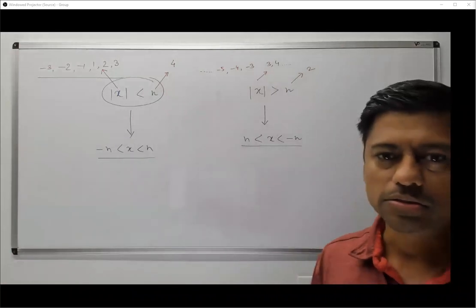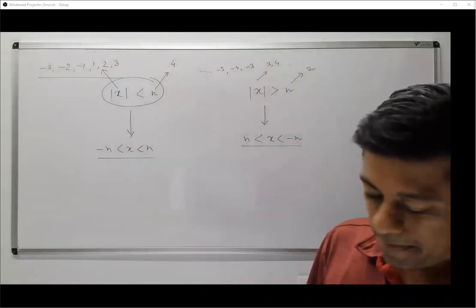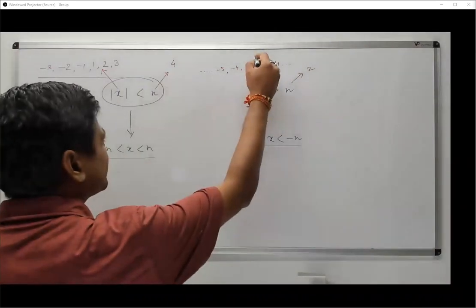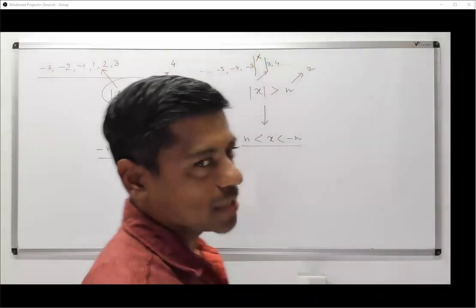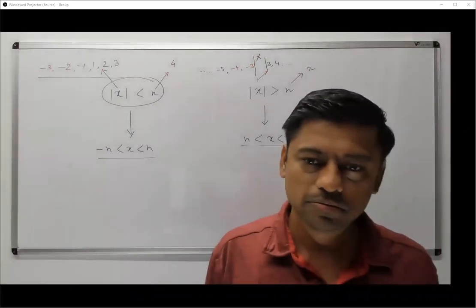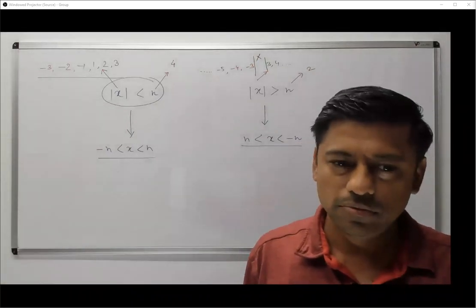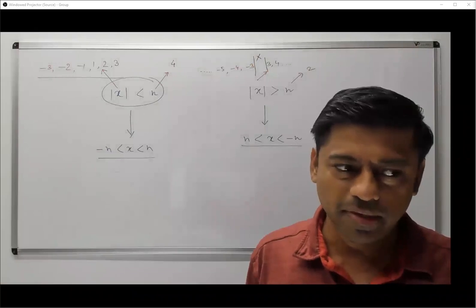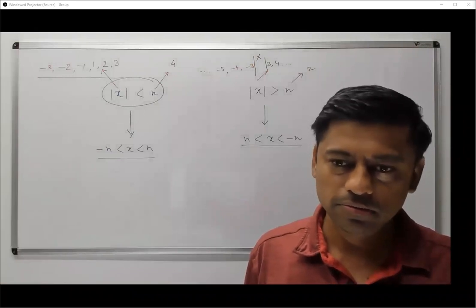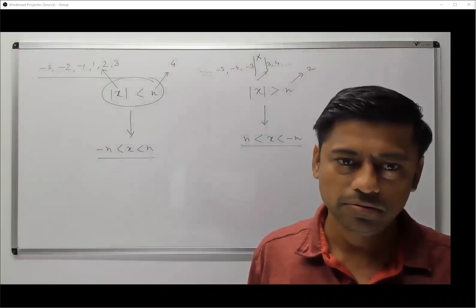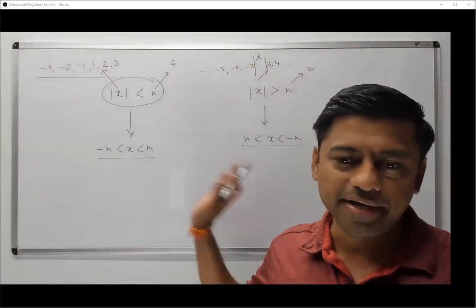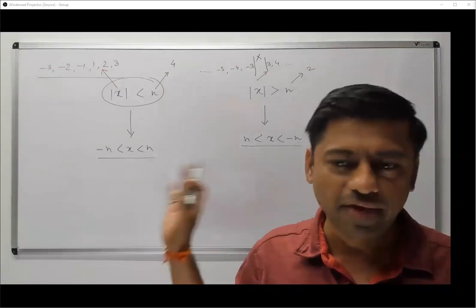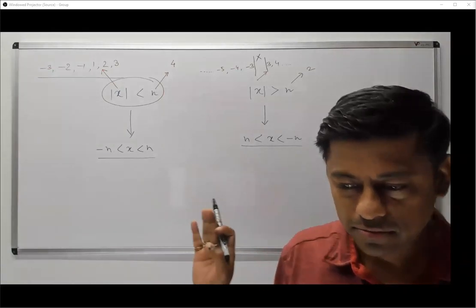Are we okay with this? Any value in between this will not work. Are we clear? Makes sense? So my law is validated in both the cases. My theory is validated. Can I say that?